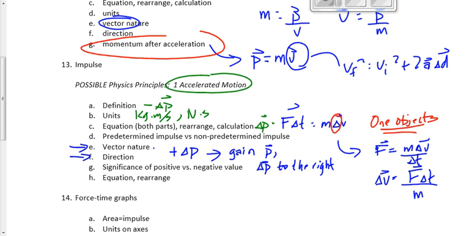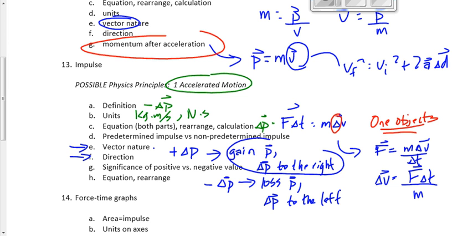A negative impulse means a loss in momentum, but we can also think of it as an impulse to the south, an impulse to the left, an impulse downwards, and so on. So really, these mean the same thing. When you gain momentum, it means the impulse is in the positive direction. When you lose momentum, it means the impulse is in the negative direction.